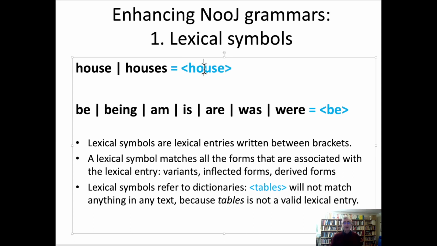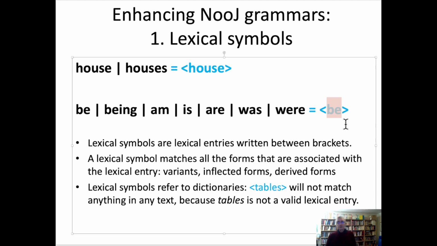And it's the same thing for the verb to be. NooJ knows, because we have selected the English module, how to conjugate the verb to be. So instead of typing in be, being, am, is, are, was, were, we can now just type in be between brackets, and it will find all the inflected forms of the verb to be.